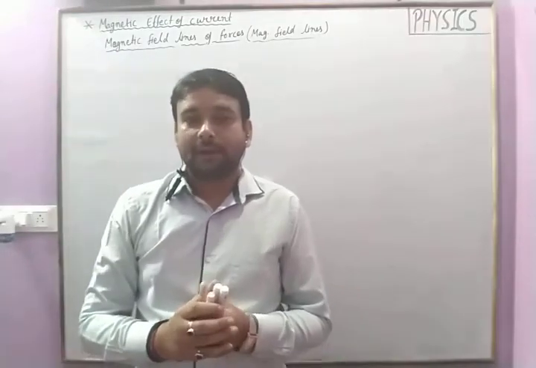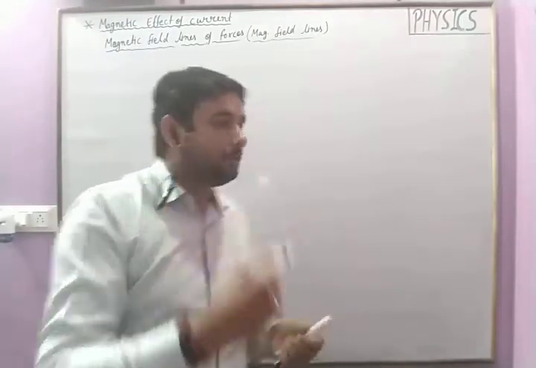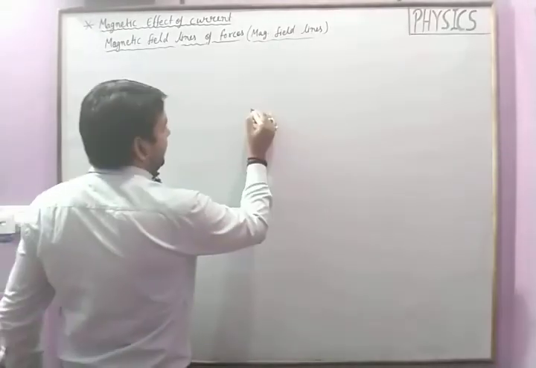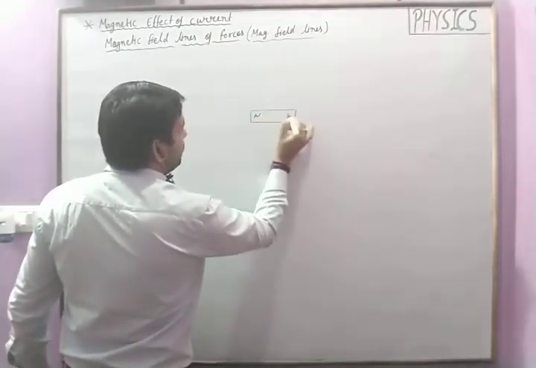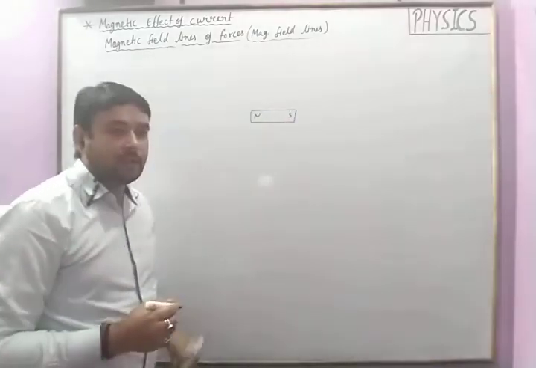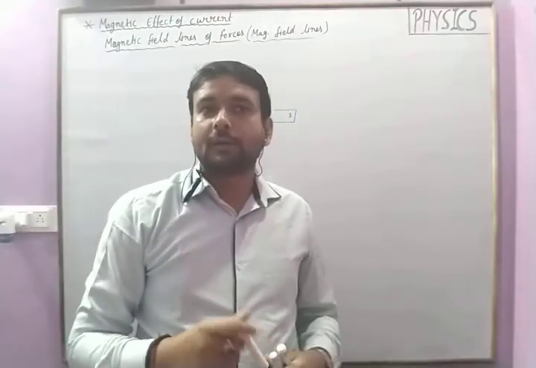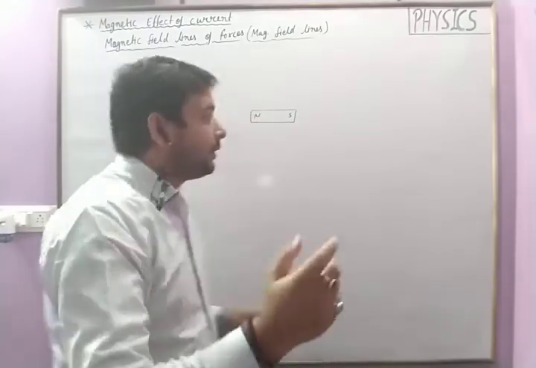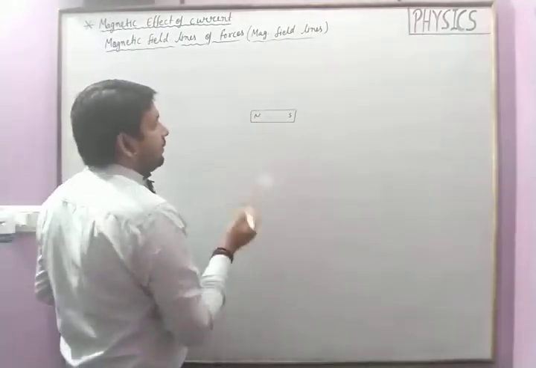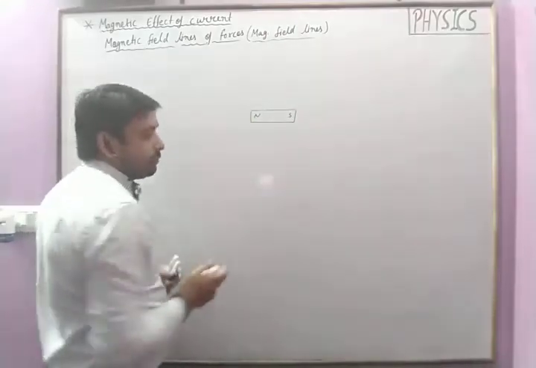We observe that if we have a magnet with its north and south pole, in class 10 you learned the field lines move from north to south.